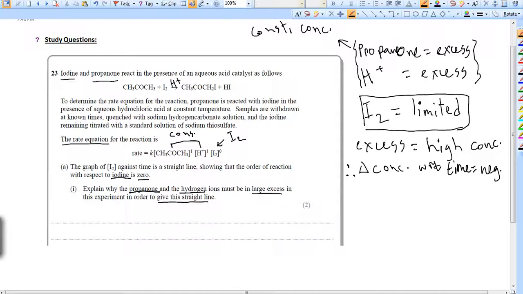Since it is in limited amount, a small change would cause a greater impact. Since propanone and H plus are in large excess, a small change would have no effect on their concentration.